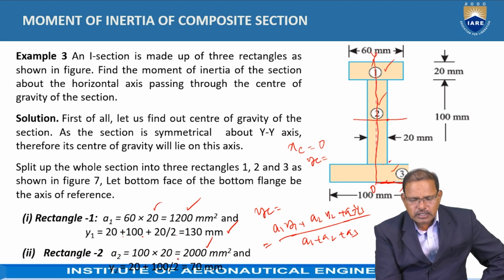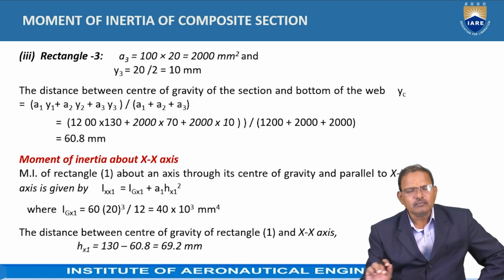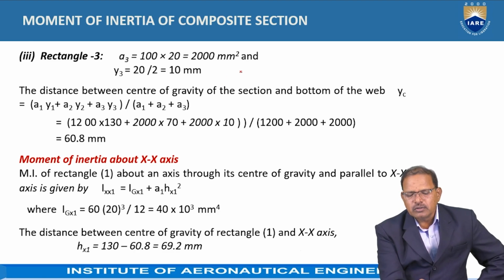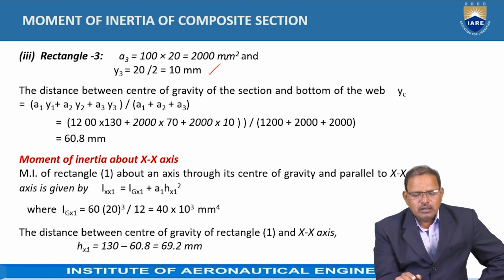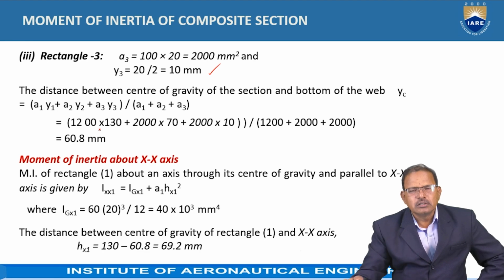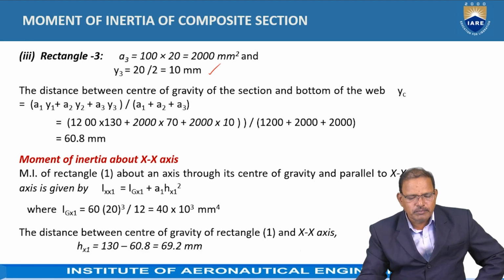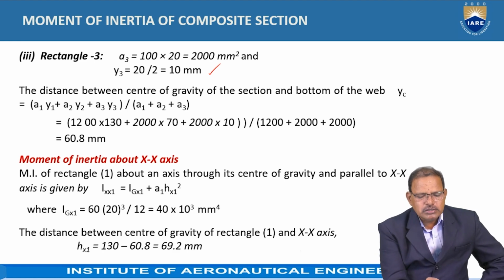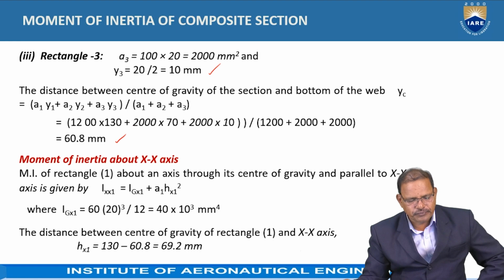For rectangle 3, 100 into 20 is equal to 2000 mm square. y3 is equal to 20 by 2, equal to 10 mm. Now substituting all these values in yc is equal to a1y1 plus a2y2 plus a3y3 divided by a1 plus a2 plus a3, we got 60.8 mm as the position of the centroid for the I section.